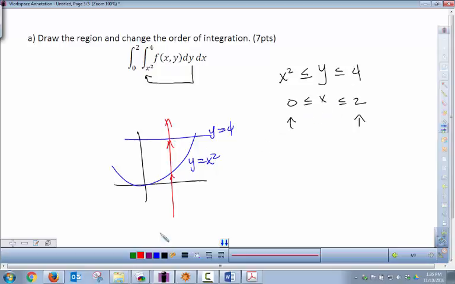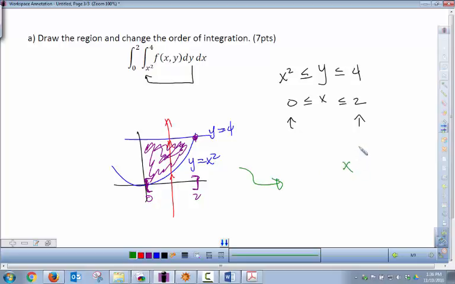And then my constant limits go from 0 to 2, and I'm assuming, if this is written correctly, that the x value for this intersection is going to be 2. So I can clearly see my region now. That's my region, but now I want to switch the order of integration.